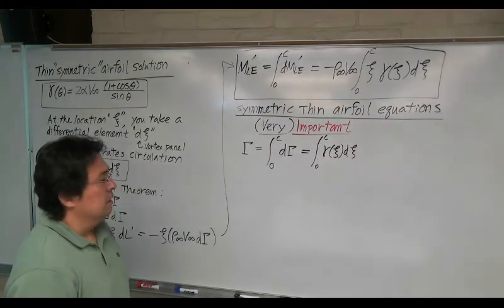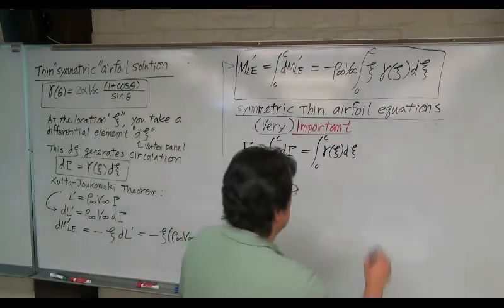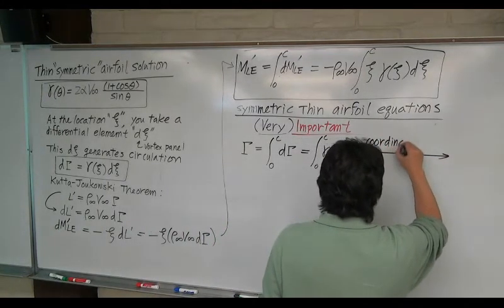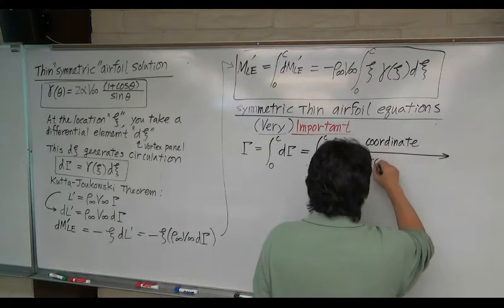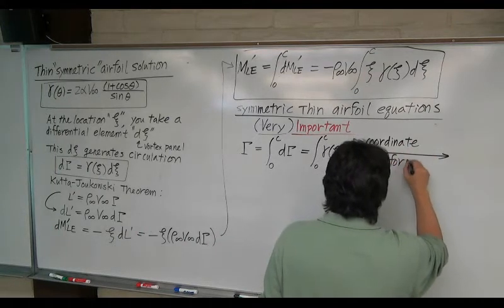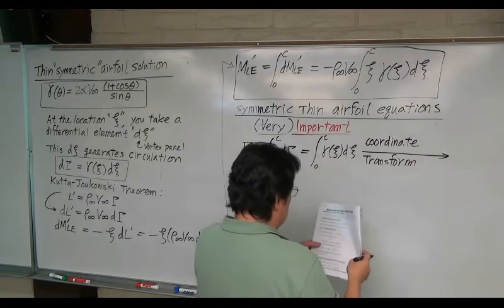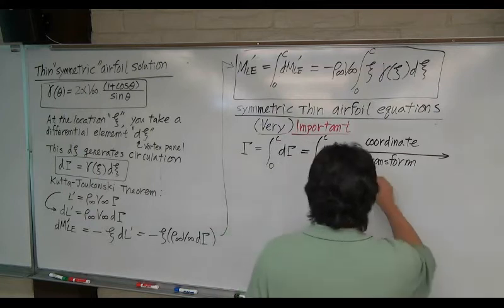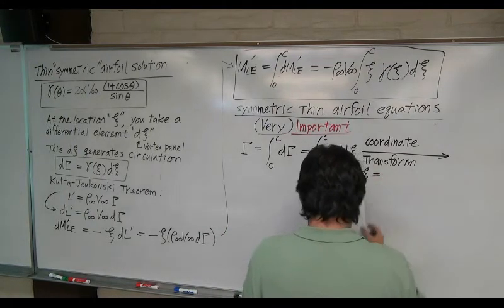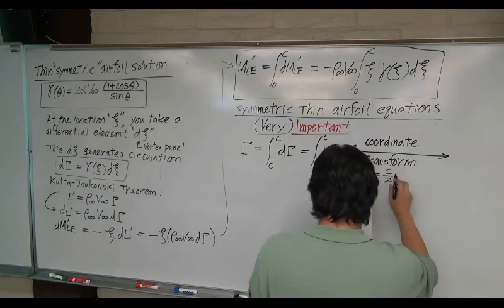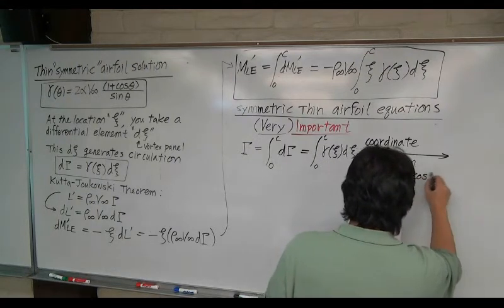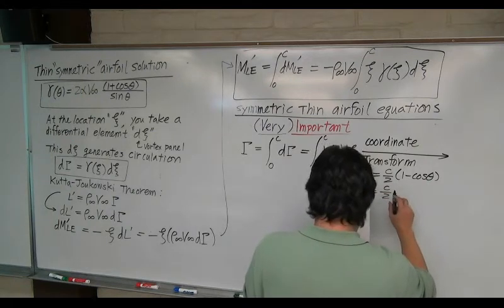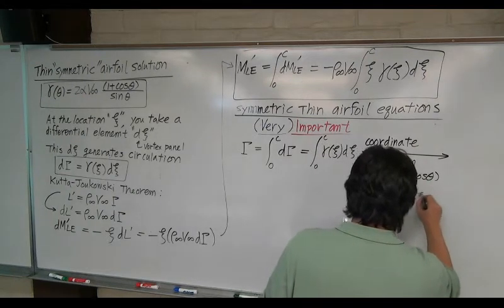Okay. Now, what you really want is you're going to do a coordinate transform. Remember, let's use this equation. Coordinate transformation: xz is equal to half chord times 1 minus cos theta. dxz is half chord sine theta d theta.